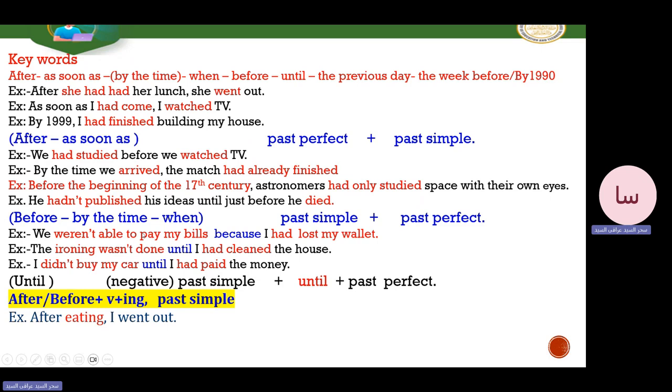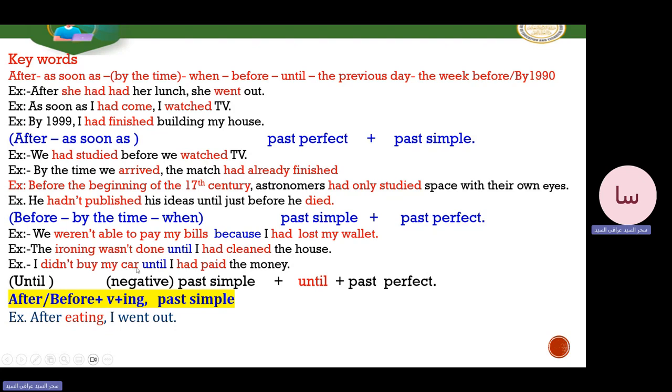Okay. What about this one? The ironing wasn't done until I had cleaned the house. So I didn't do the ironing, or the ironing wasn't done, passive, of course, here. Until I had cleaned the house. So I had cleaned the house first, then I did the ironing. Okay.